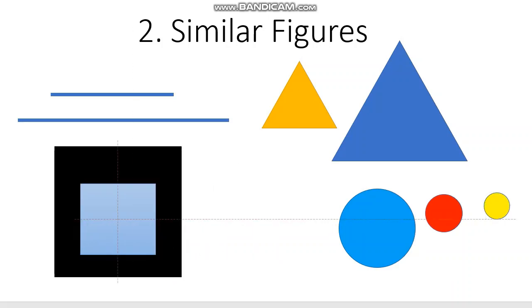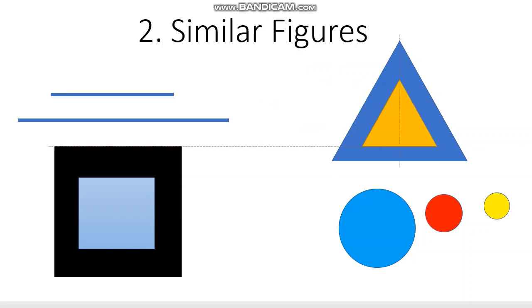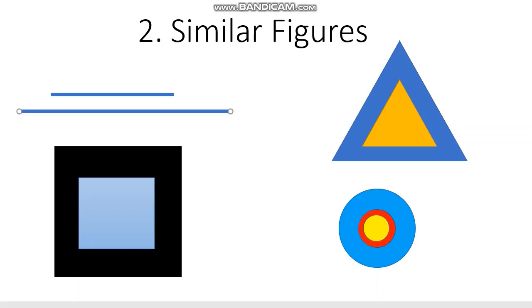One figure can be put inside the other figure if you want to see properly whether they are similar or not. So these type of figures which look the same but have different sizes are known as similar figures.